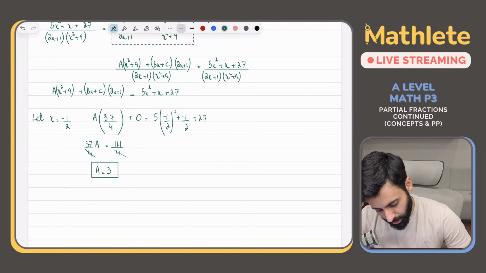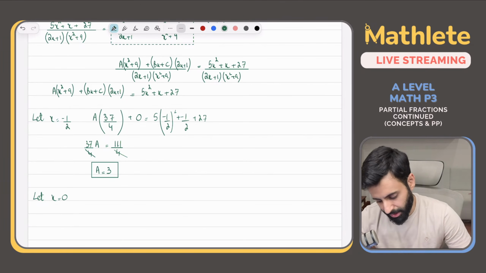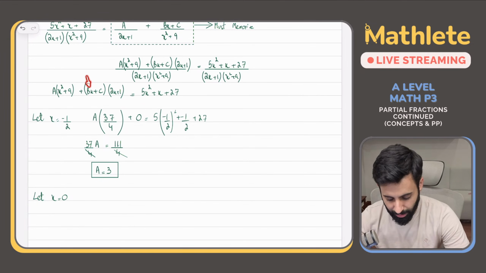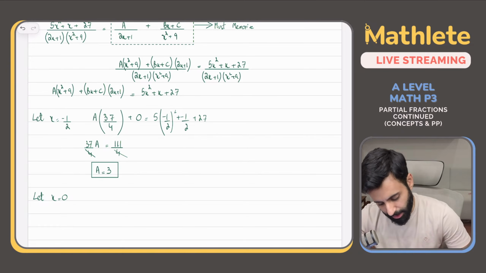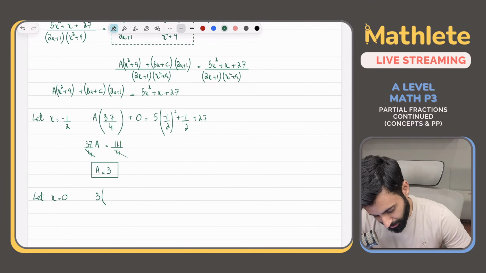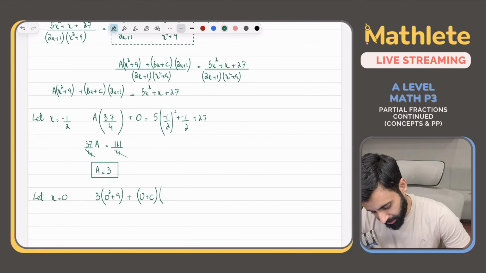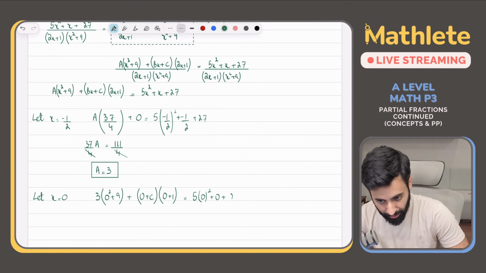Okay. So now what we're going to do is we're going to say let x be equal to 0. Because if I take x as 0, then B gets eliminated. I will only have C left, and I've already worked out the value of A. So this is what we're looking at. 3 times 0 squared plus 9, plus, remember B is 0, so 0 plus C, and 2x plus 1, that means 2 times 0 plus 1, so that's 0 plus 1, is equal to 5 times 0 squared plus 0 plus 27.